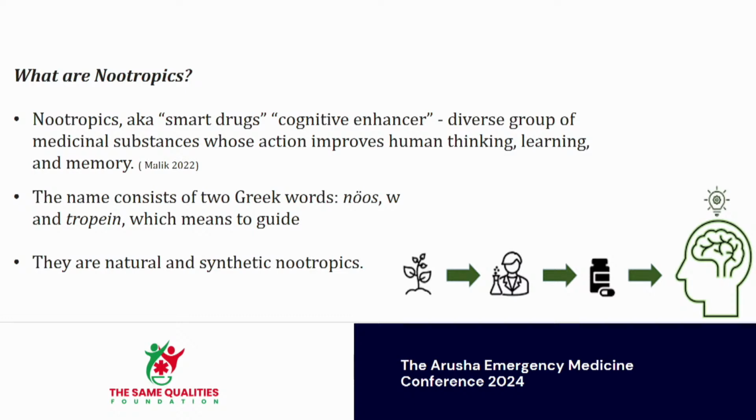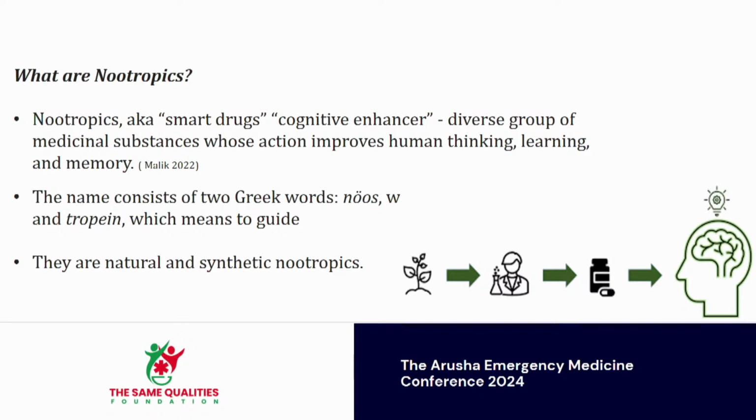For a person who thought these were new types of inotropes, this was really interesting, and I had to go through literature in the past month. So let's all get to know nootropics in hopefully 15 to 20 minutes.